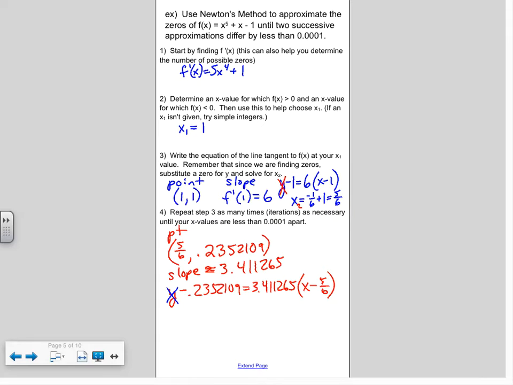All right, and you end up with an x sub 3 that is around positive 0.764382.